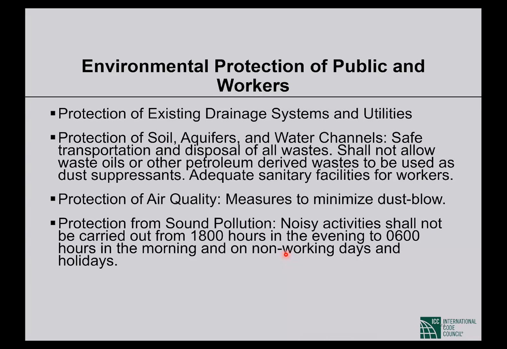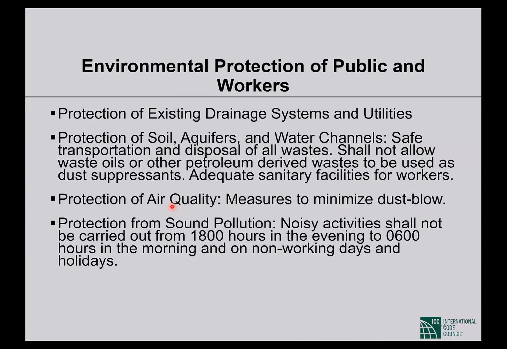If you have to destroy that, then you should put an alternate system in place, and then remove the existing drainage system. So these things are important. Protect the soil, aquifers, and existing water channels. While constructing, you cannot destroy the existing water source, things like that.